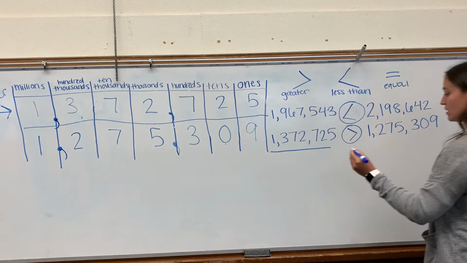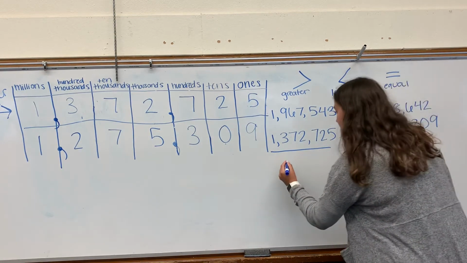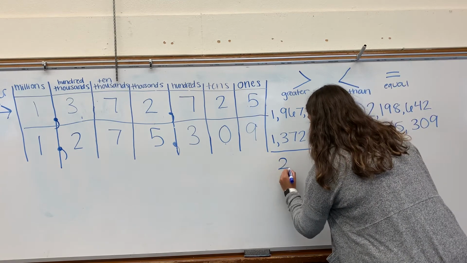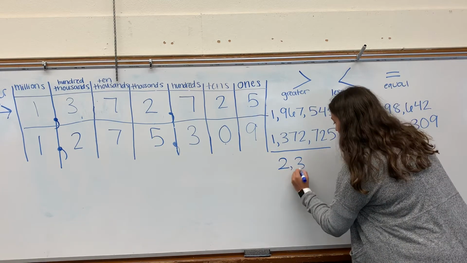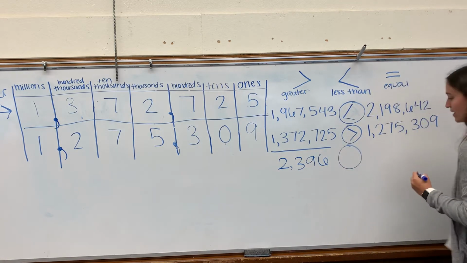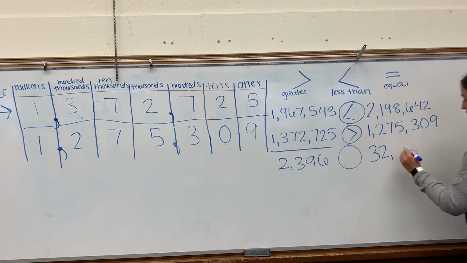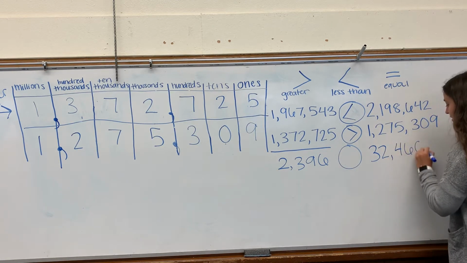What about, they don't always have to be 7-digit numbers. What about this one? 2,396. I'm going to compare that to 32,460.